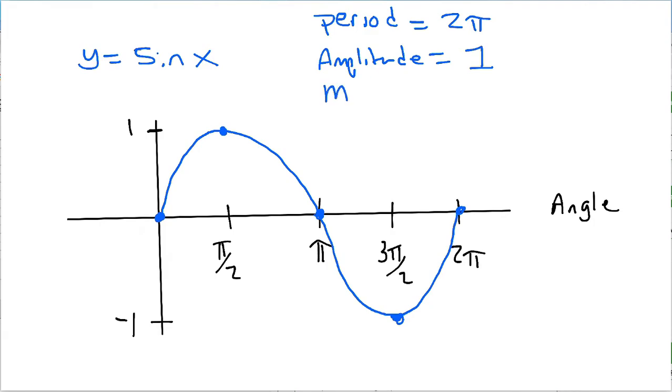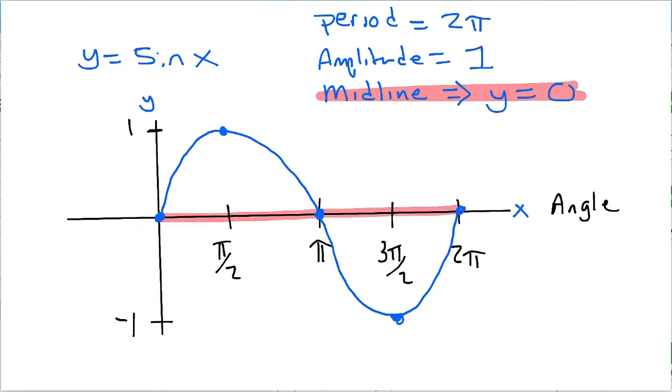The midline, which is the middle of this particular one, is the equation y equals 0, because we haven't gone up or down, because this is still the x-axis, this is still the y-axis, so the midline is right there.